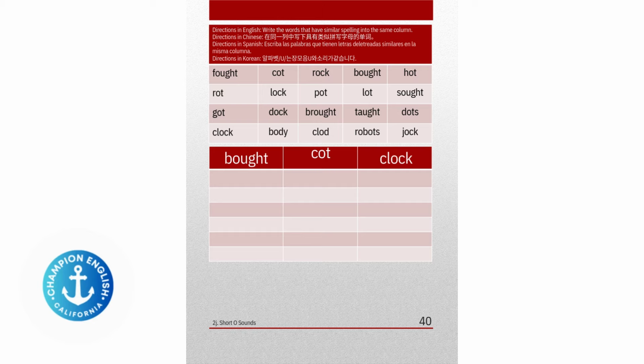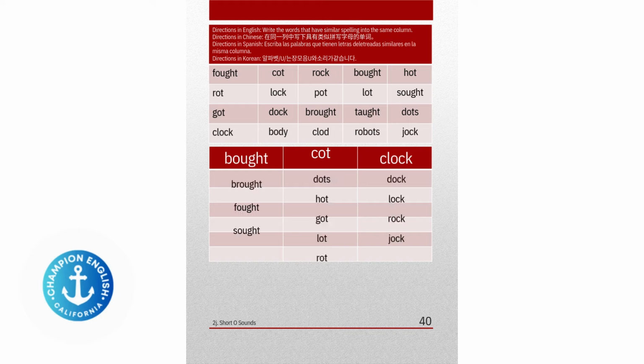Ready and go. 30, 29, 28, 27, 26, 25, 24, 23, 22, 21, 20, 19, 18, 17, 16, 15, 14, 13, 12, 11, 10, 9, 8, 7, 6, 5, 4, 3, 2, and 1. Time's up, students. Let's go to the next page and see how you did.